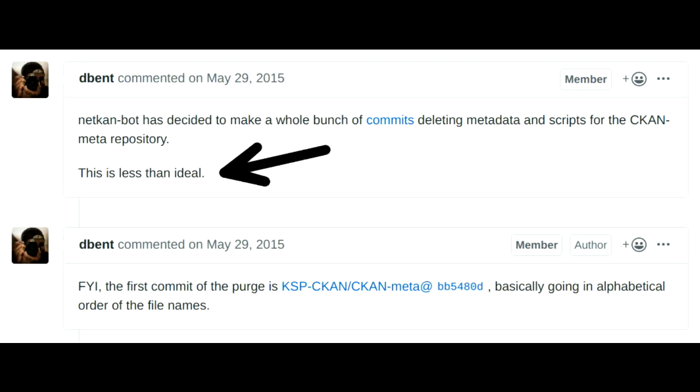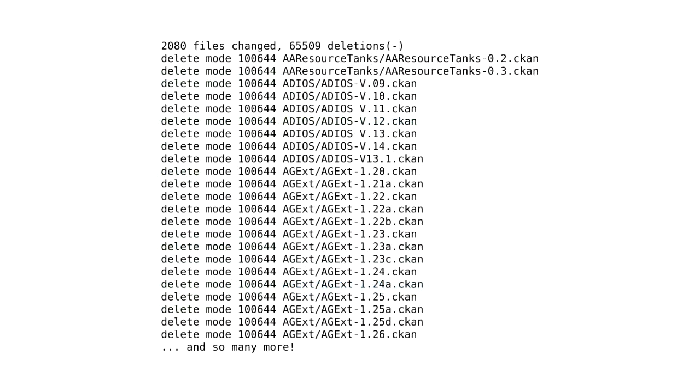Yeah, that wasn't quite my reaction. Fortunately, it's Git, so we just reverted the commit, made some adjustments, and put it back into service.